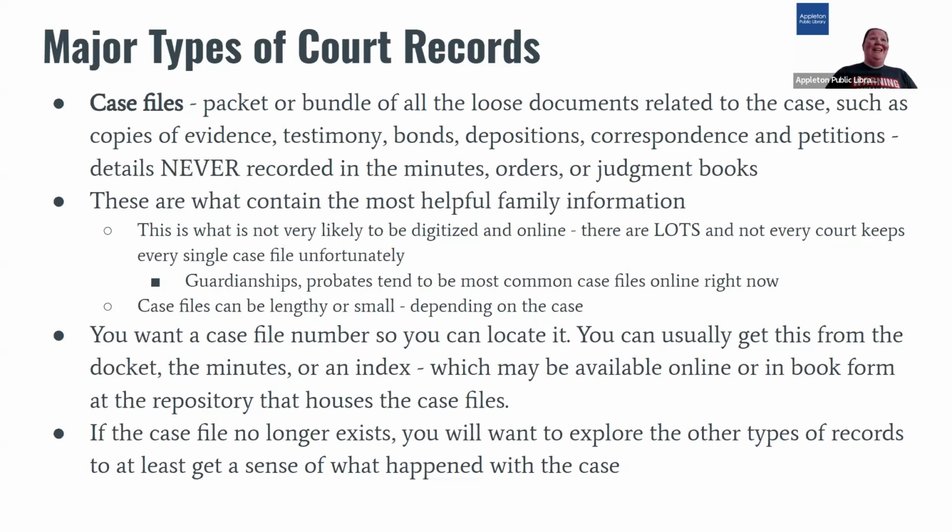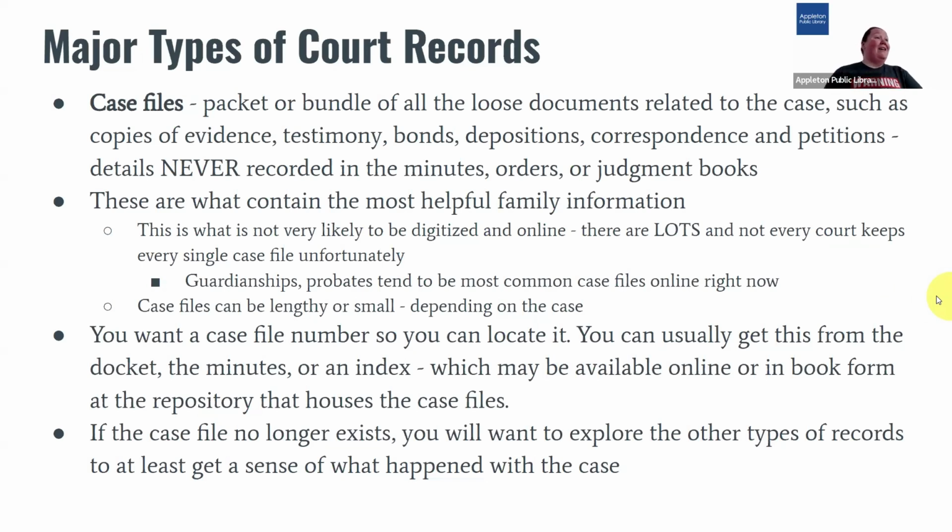You definitely want to try to get a case file number if you're able to locate it in some resource that I've showed you, or if you're able to see some sort of index offline perhaps. So you might be able to find it in the docket or those minute books or some sort of index. Sometimes they have the indexes online and then the actual case files are going to be offline.